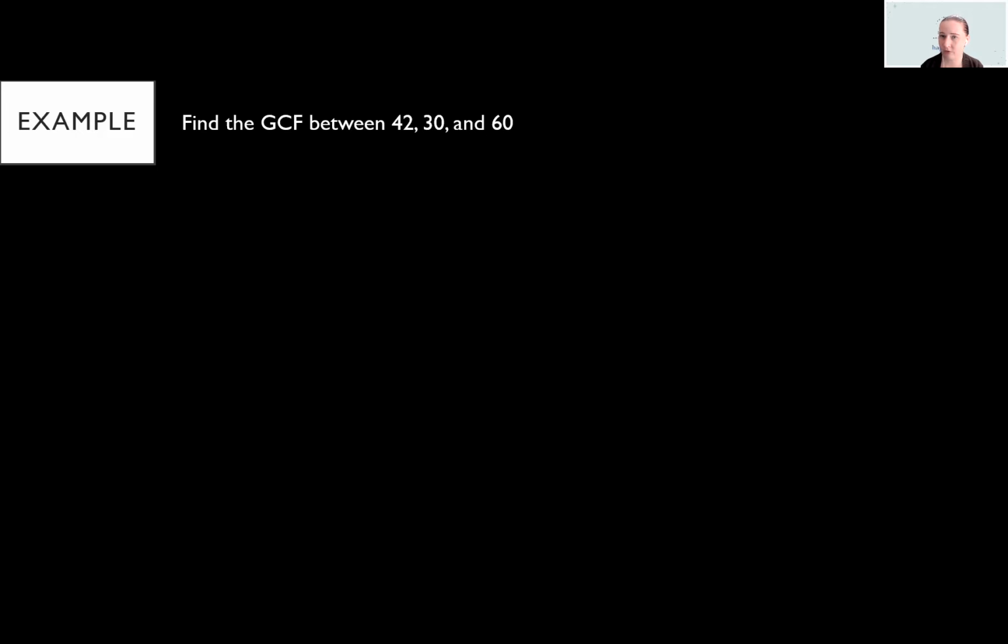I'm like, okay, 6 is the biggest number that I can think of here. It's gotta be 6, not 60, because 6 is the biggest number that divides into all 3 of those. But let's practice with the divisor method.